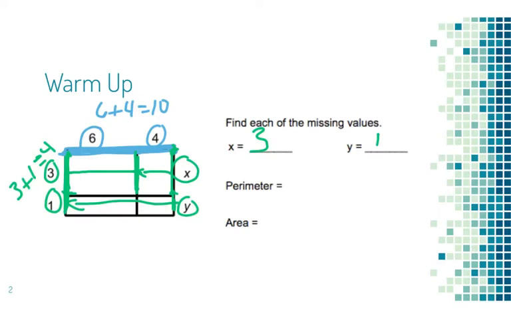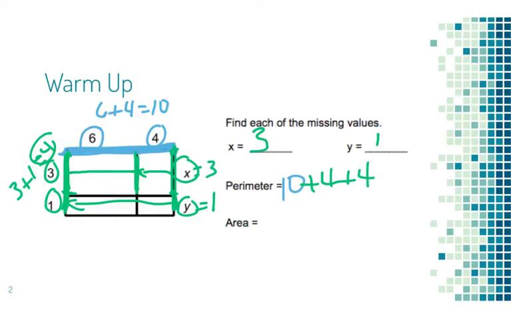Okay, so perimeter is just adding up all those sides. So I could say 6 plus 4 is 10. And then 3 plus 1 is 4. And now over here, again, x is 3, y is 1, 3 plus 1 is another 4.